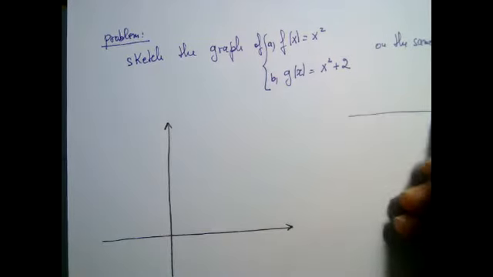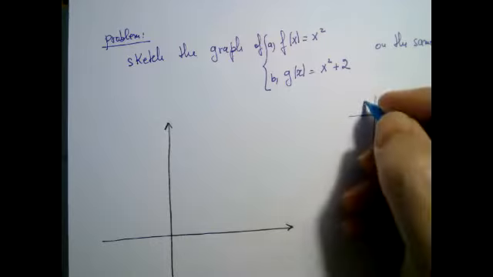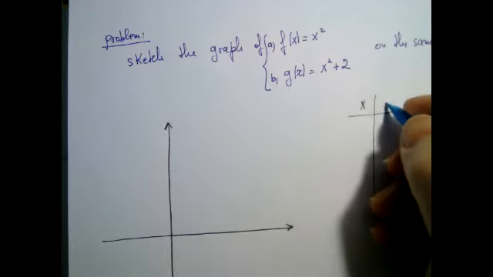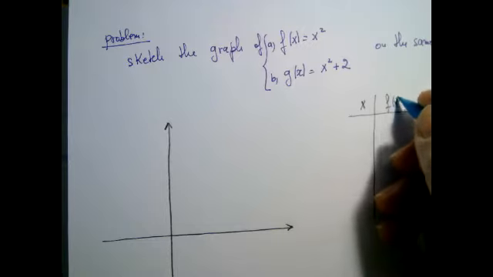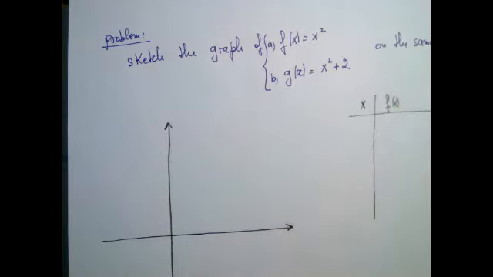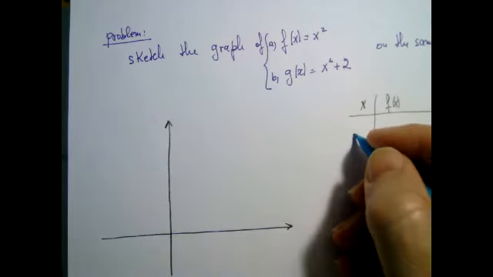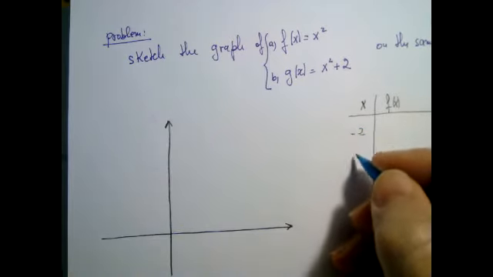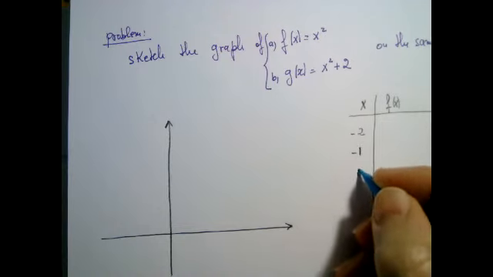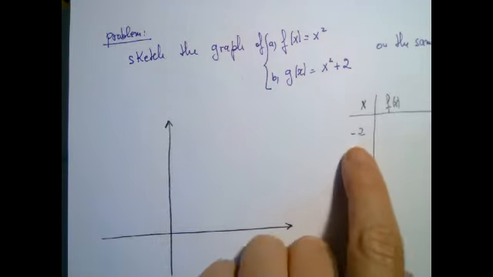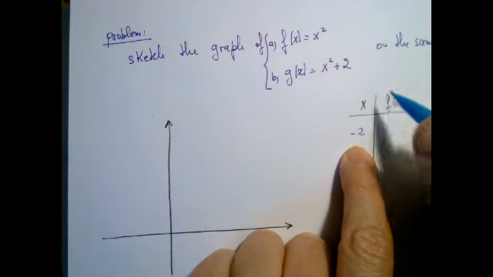So I'm going to take a bunch of values. This is x, and this is f of x. I'm going to plot points and then connect them because I cannot plot every possible value. So I'm going to take, for example, -2, -1, 0, 1, and 2, and find the values. What is f of -2?